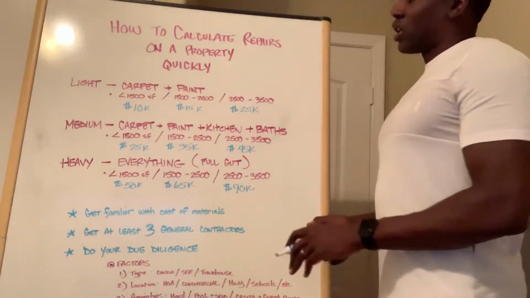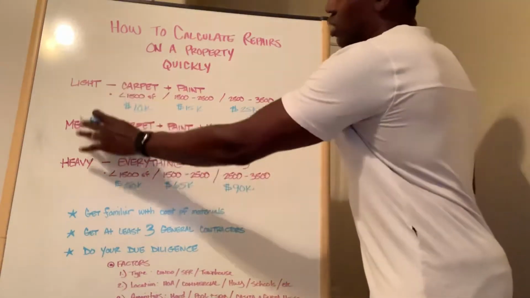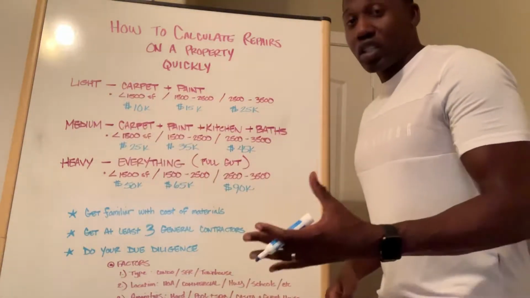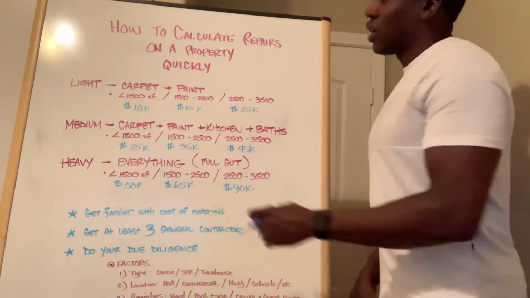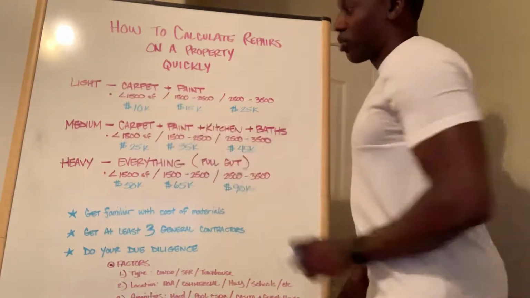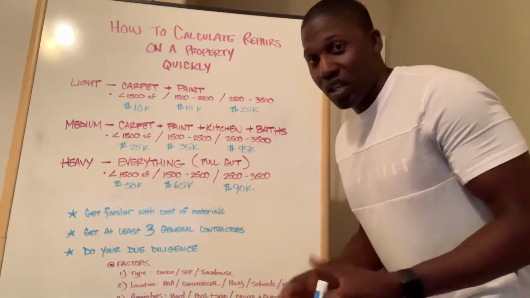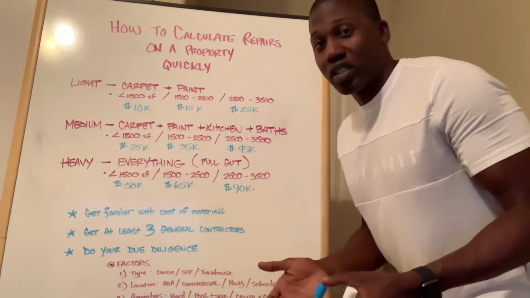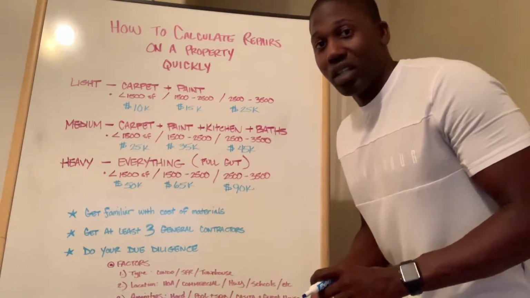property, and I broke it down into three particular categories, which are light, medium, and heavy. Light being just carpet and paint, strictly cosmetic. You just want a little bit of exterior and/or interior paint.